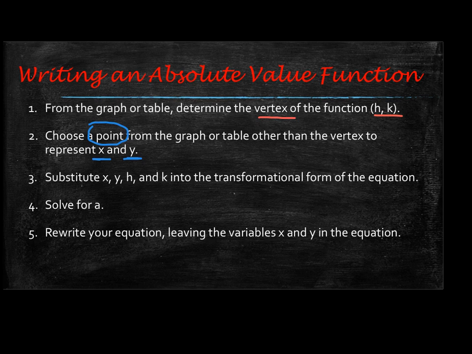You're going to substitute the x and y in for the variables x, y, and then substitute your vertex in for h and k into the transformational form of the equation. Then you're going to solve for a, so that we can rewrite the equation, leaving the variables x and y in the equation with all of your other values.